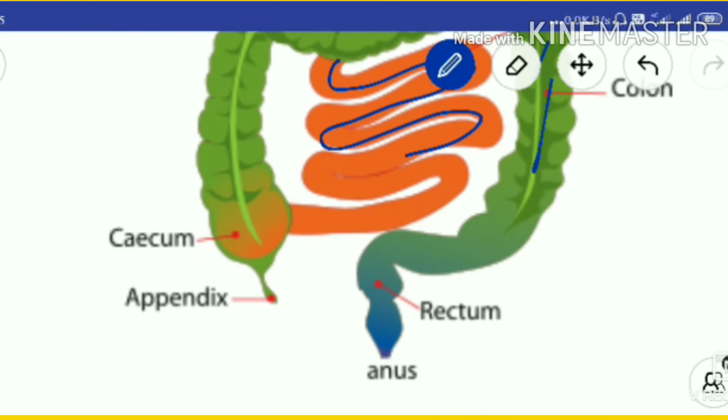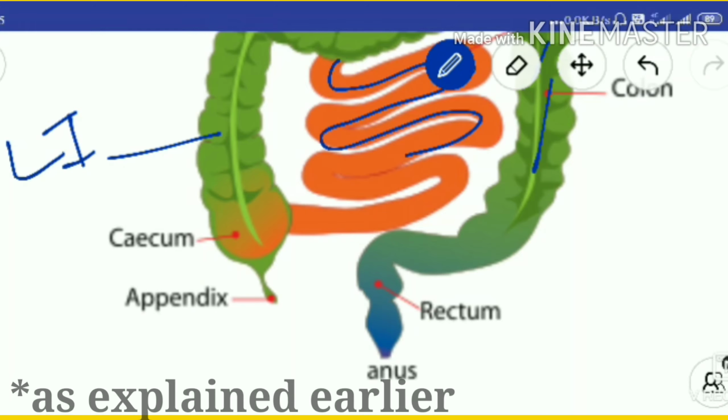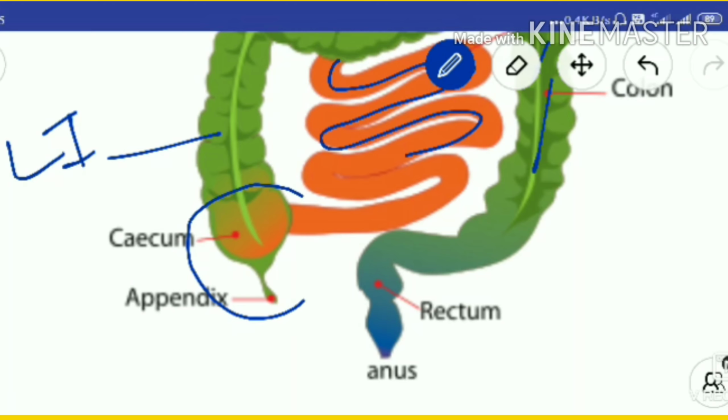This is the large intestine, and as explained later, at the junction between the large intestine and small intestine there is a very small functionless organ, known as the appendix. And I told you the infection in the appendix causes a stomach pain, a stomach disease, called appendicitis.